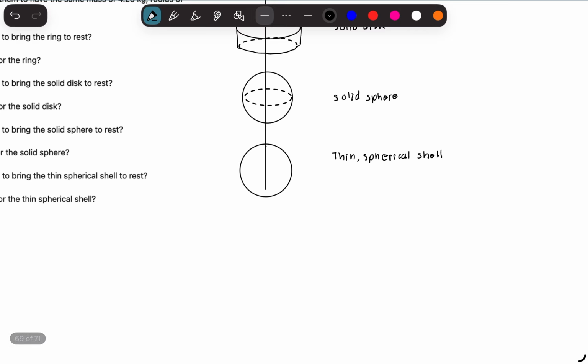We can draw a cut in this. That's the radius. And they're all going to be spinning around.